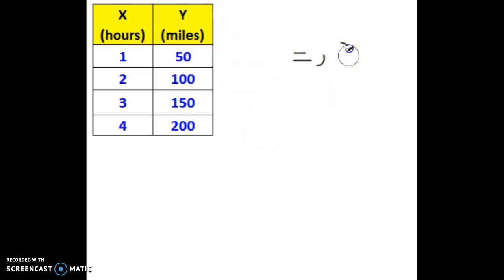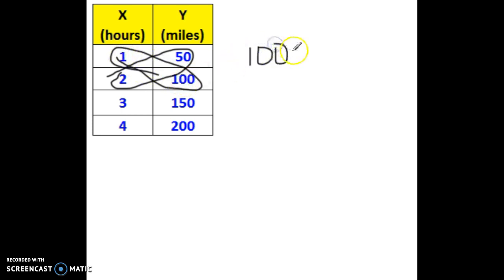Okay, but there's another way we can do it. If you've already done the video where it shows you how to tell if two ratios are proportional, same thing works here. We're going to look at cross products. So if we look at this cross product and this cross product, we end up with 1 times 100 is 100. 50 times 2 is 100.